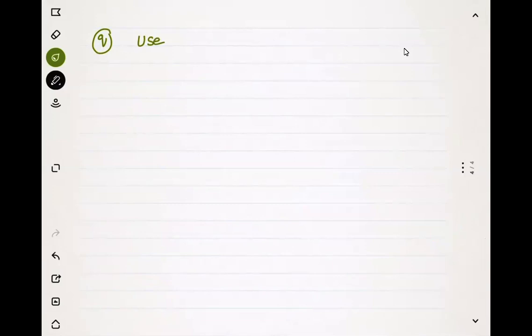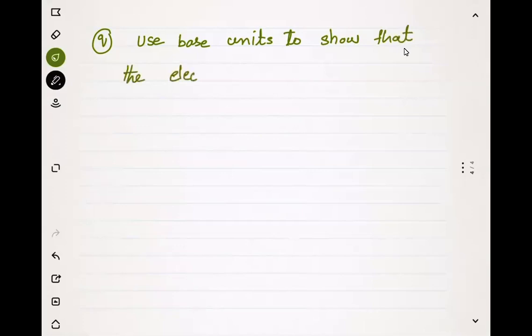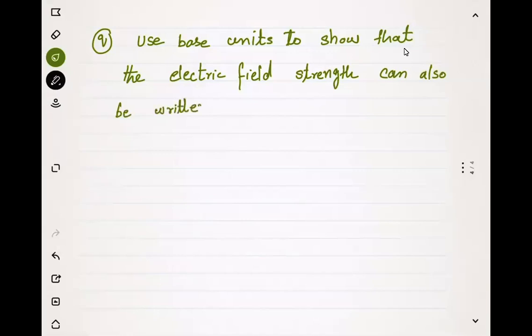Use base units to show that the electric field strength can also be written as E is equal to voltage over distance.